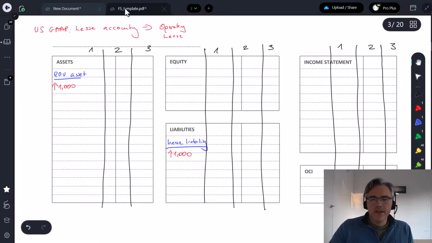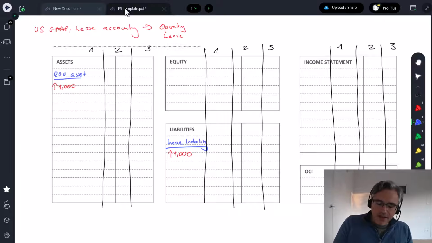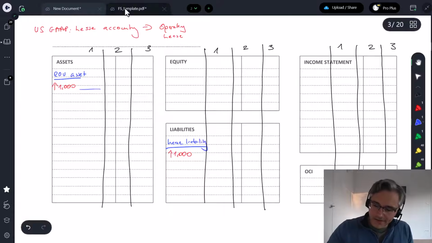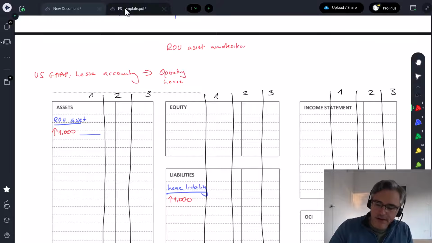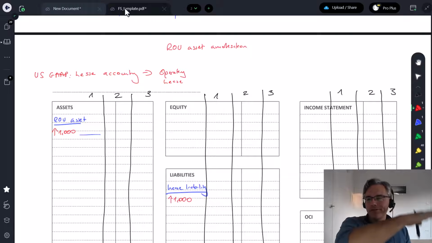What happens next is quite strange, because this asset will get amortized, but the number one thing to remember here is that the ROU asset amortization isn't going to be your straight line amortization like before, where it was going at 333 per year.